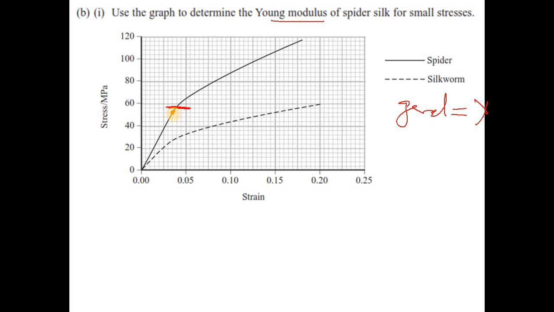Okay, for this point I have the coordinates: 52 million Pascal, and the extension is 0.005 times how many? 5, 6, and then 7, yes, 7 times 0.005, so 0.035.